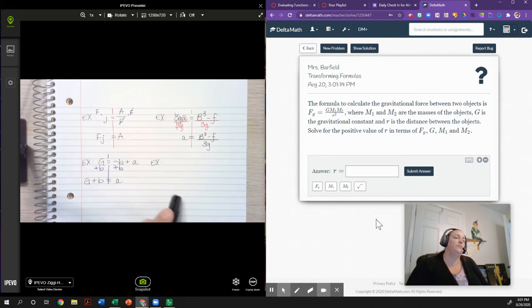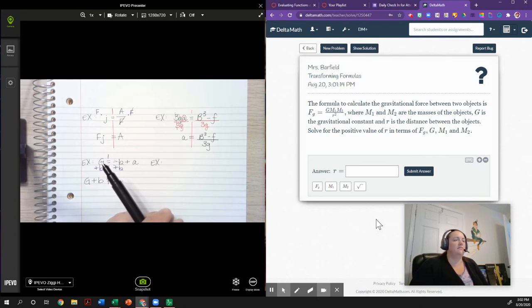All right, it says the formula to calculate the gravitational force between two objects is F sub g equals G m sub 1 times m sub 2 divided by r squared, where m sub 1 and m sub 2 are the masses of the objects, G is the gravitational constant, and r is the distance between the objects.